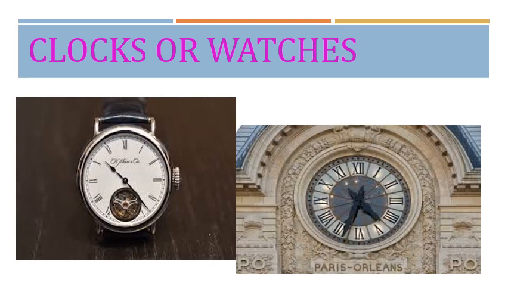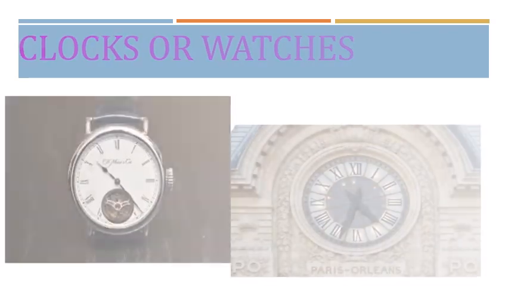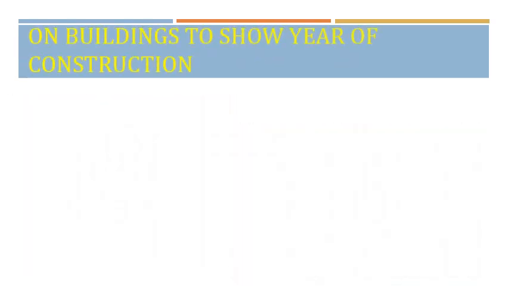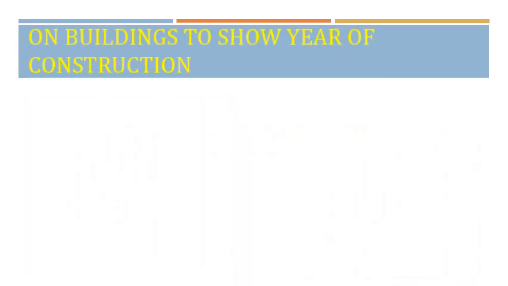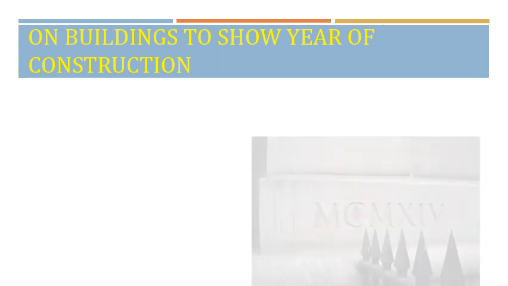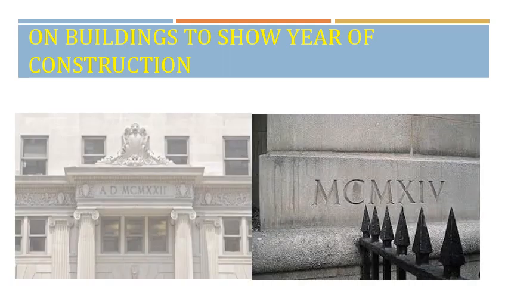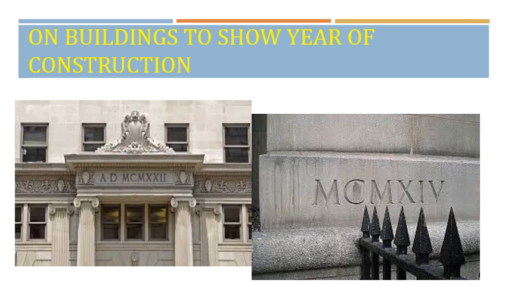Today, you will look at all the watches and clocks in your home and tell me if you find any watch or clock with Roman numbers on it. On old buildings, to show the year of construction, Roman numbers are used. If you go out and see some old buildings, you can see numbers written in Roman numeral form.